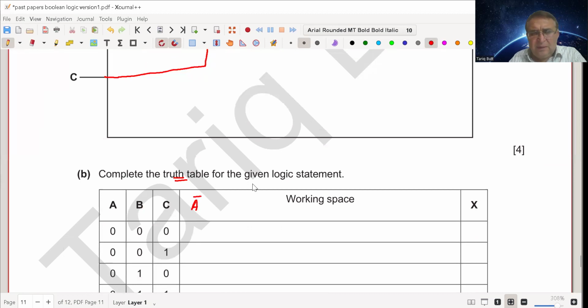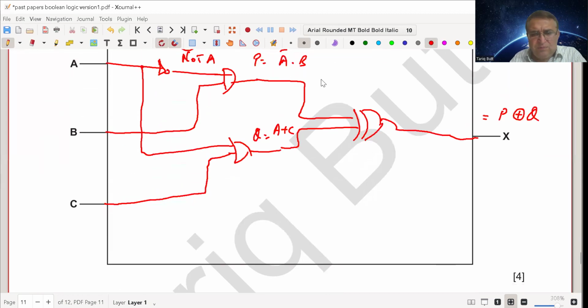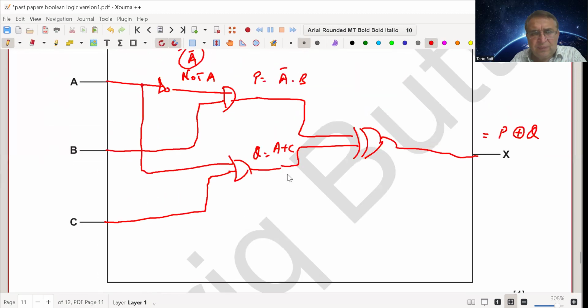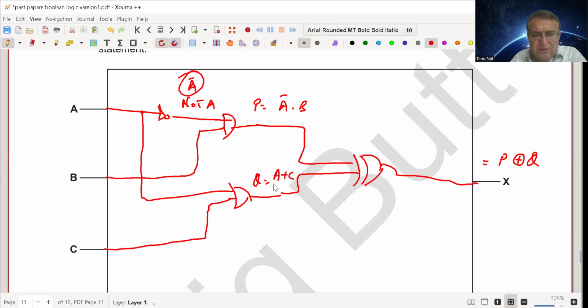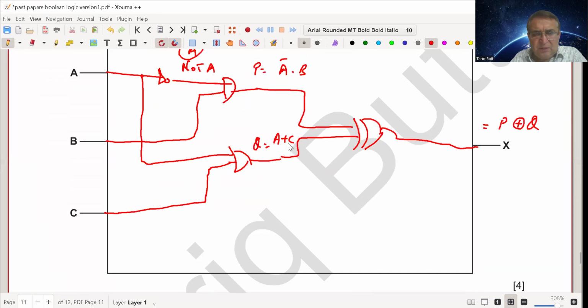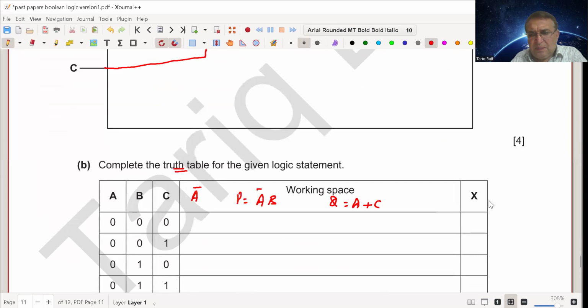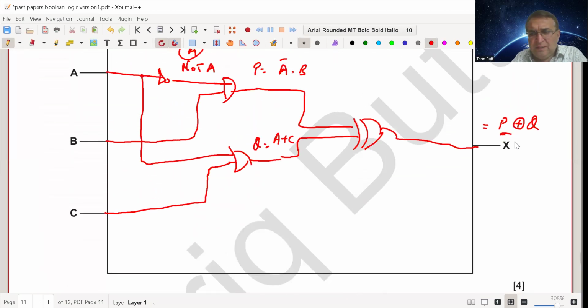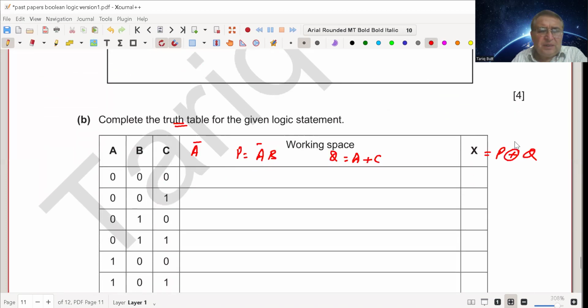Next is P, which is A prime into B or not of A and B. Then Q is A or C. This is Q, which is A or C. And finally, X is P XOR Q. So X is this P XOR Q.